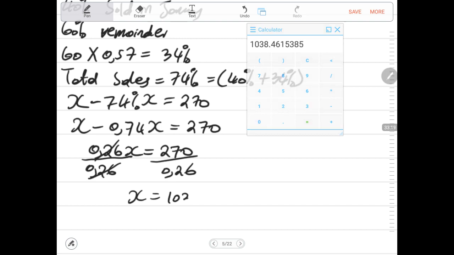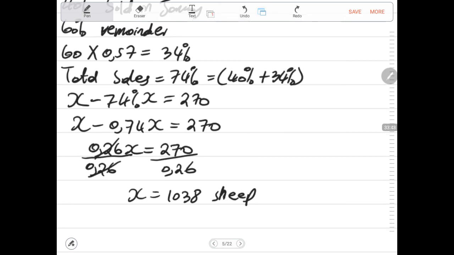This gives us 1038. Once again, just a small rounding off issue. So this is how we deal with our calculations. And somebody else here can put 100 indicating 100%, of which 100% is still at the same time 1, so that will not change anything. You still get to the correct answers.